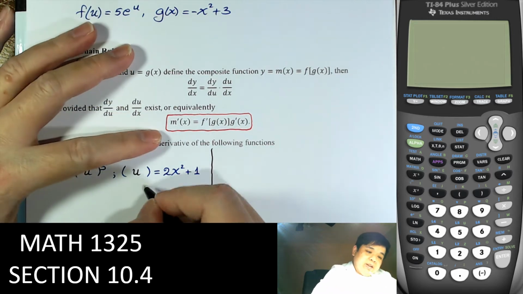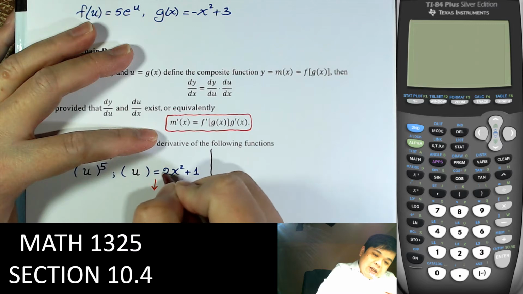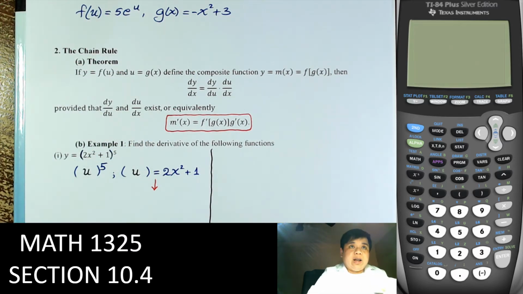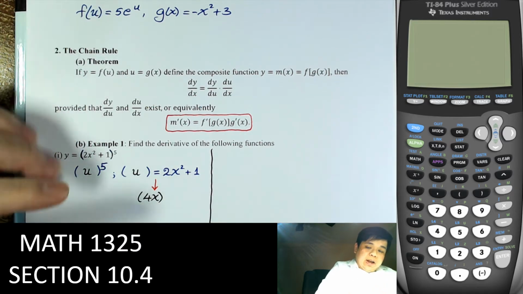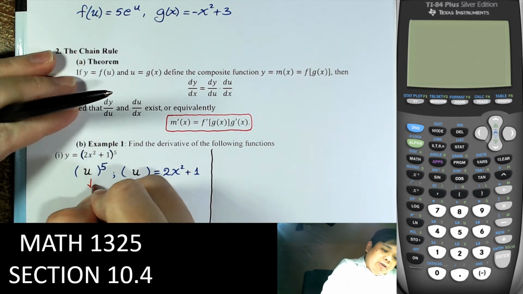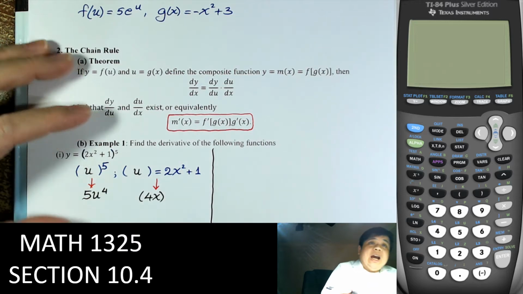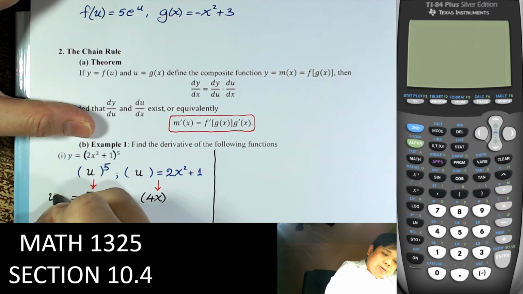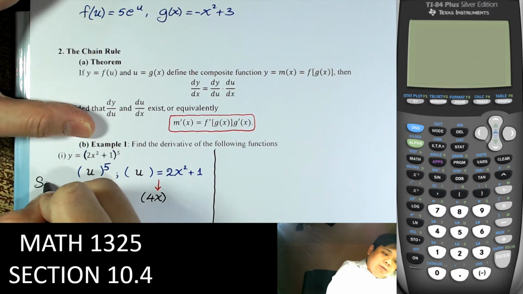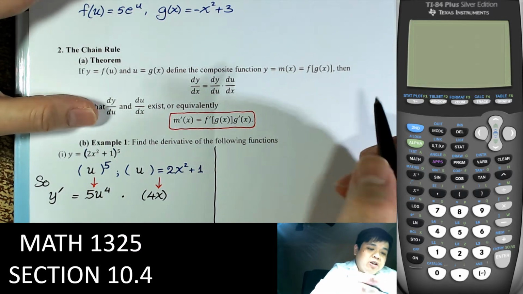Now we take the derivative. The derivative of this is just 4x. And we check the derivative of u to the fifth is 5u to the fourth. And the chain rule says we find the product of those two functions. That gives us the derivative of the composition. That is the chain rule.